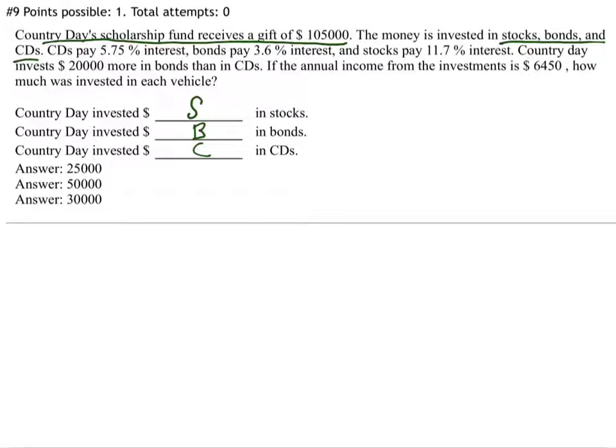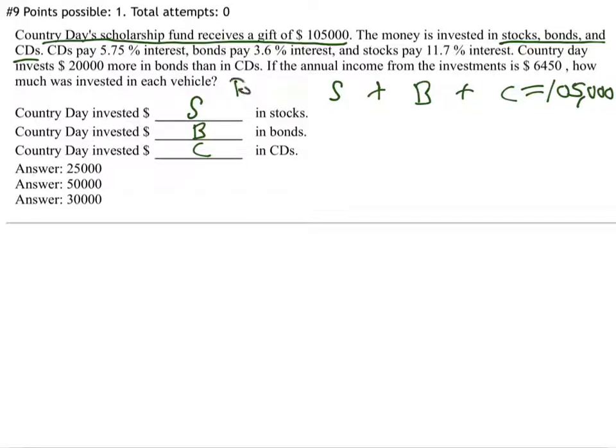So our first equation is stocks plus bonds plus CDs is 105,000. That's just the total amount of money that's invested in stocks, bonds, and CDs.